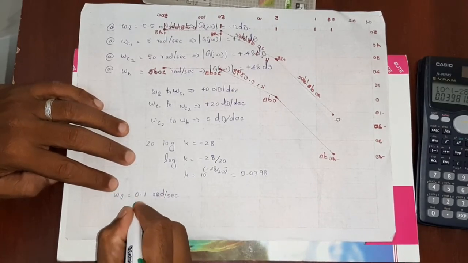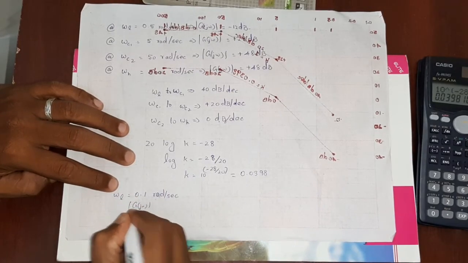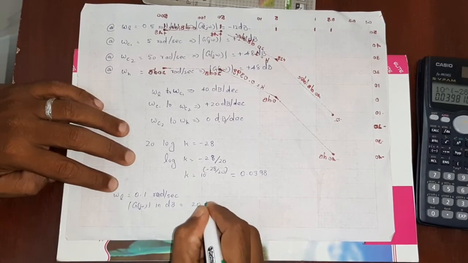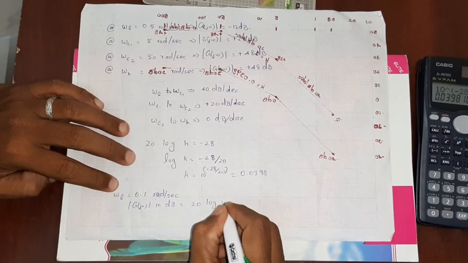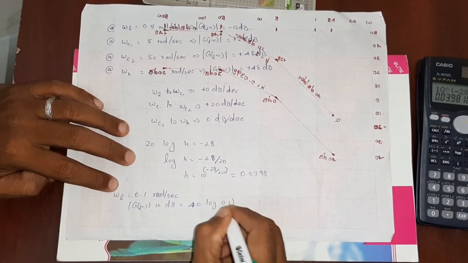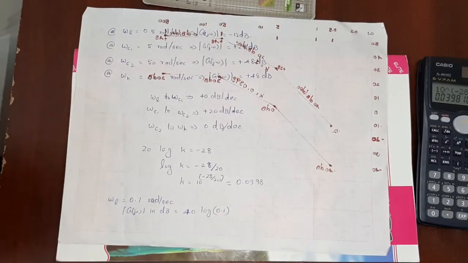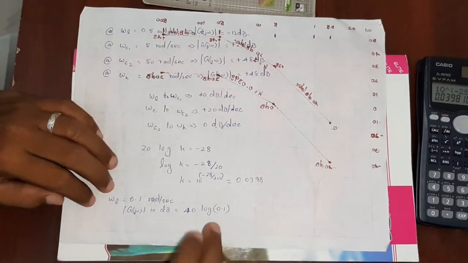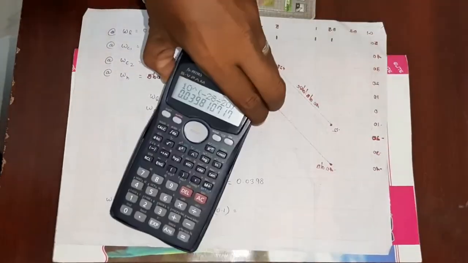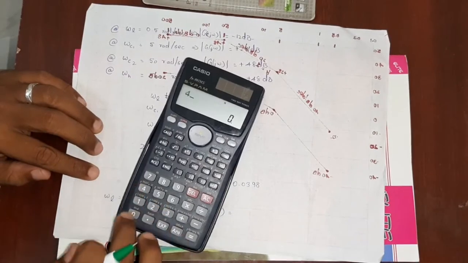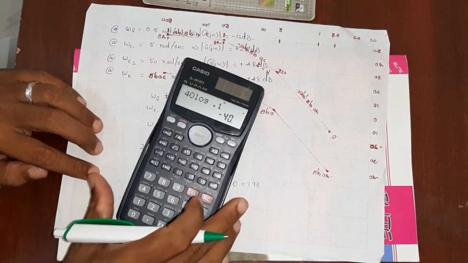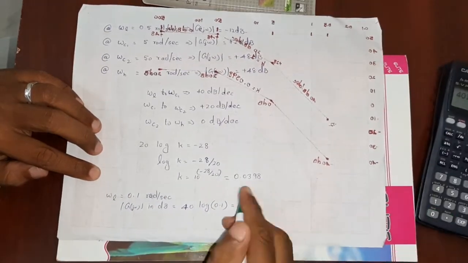So g of j omega in decibel should be 40 log of 0.1. It is 20 log of omega square, so 40 log of omega. So 40 log of 0.1 equals minus 40.